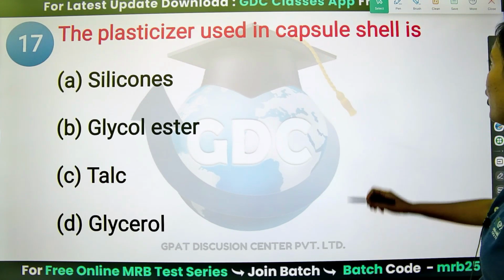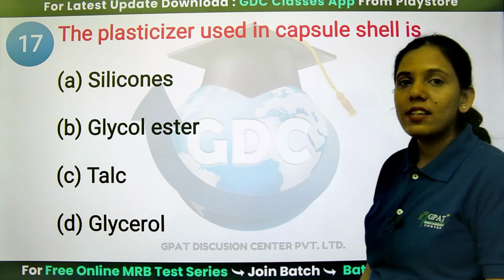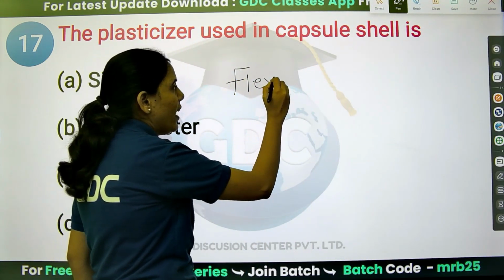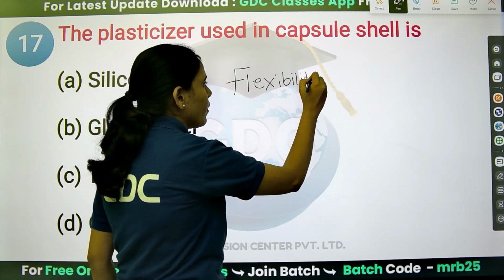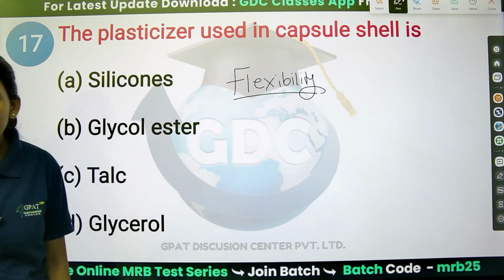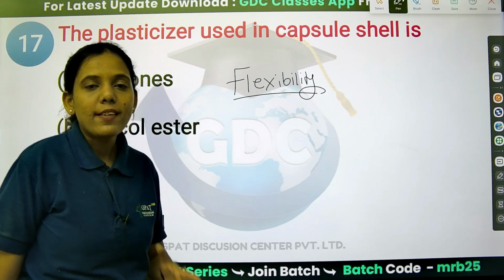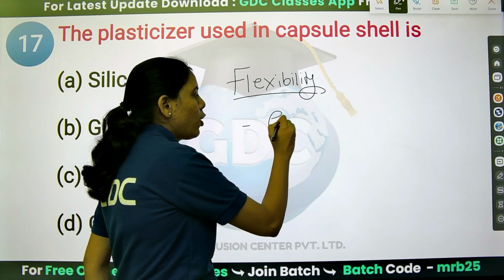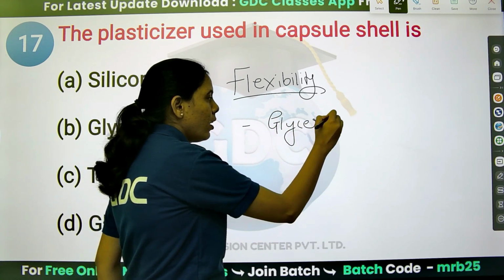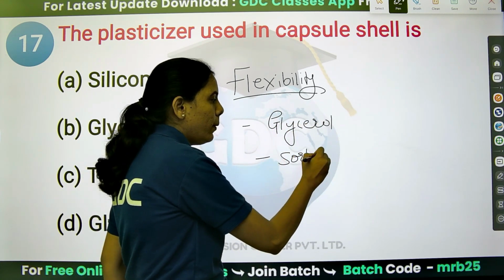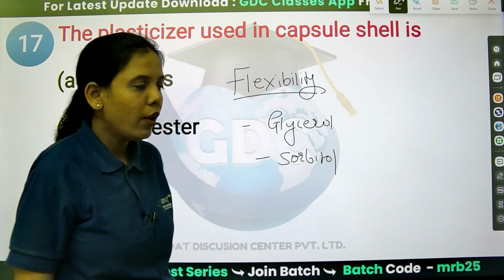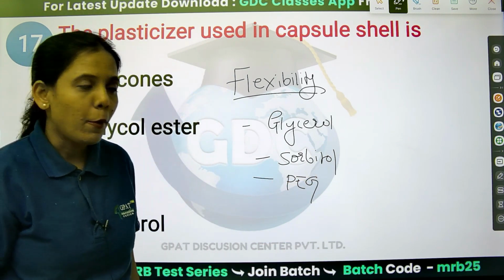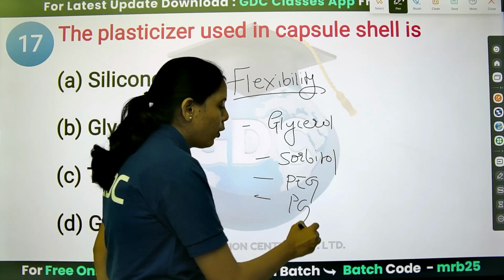The plasticizer used in capsule shell. Okay, plasticizer. The role of plasticizer is to give flexibility. The plasticizers we use in the soft gelatin capsule shell are, first, glycerol, then sorbitol, then lower molecular weight polyethylene glycol, and propylene glycol.